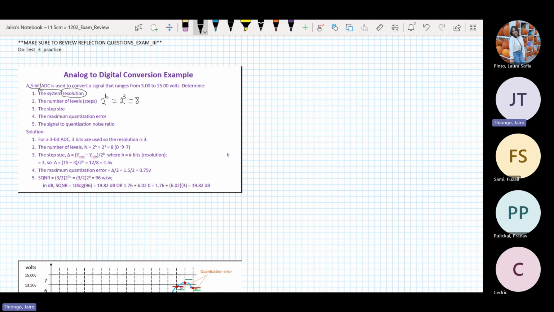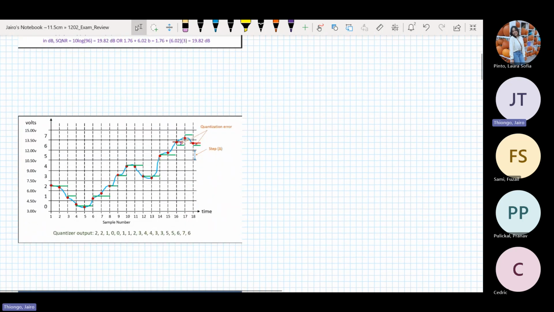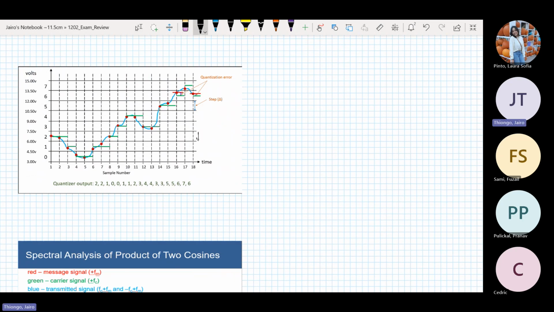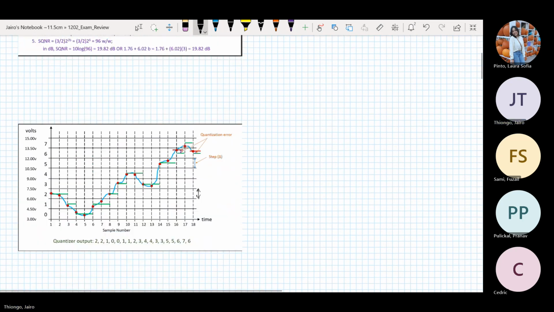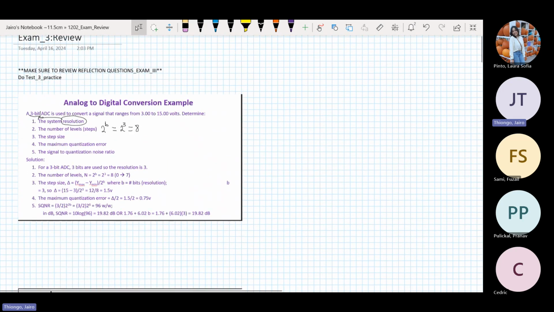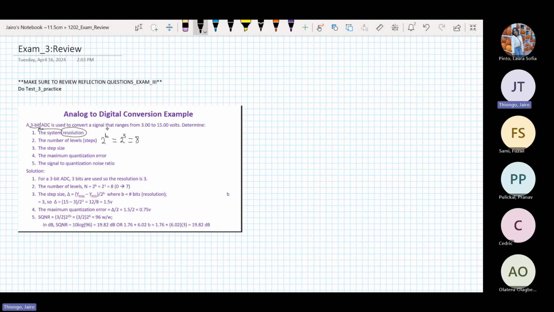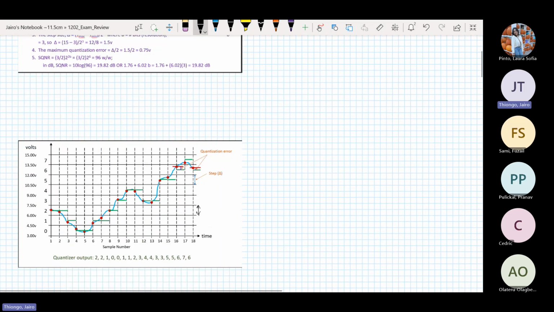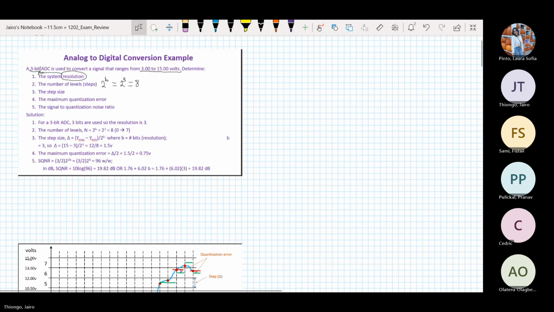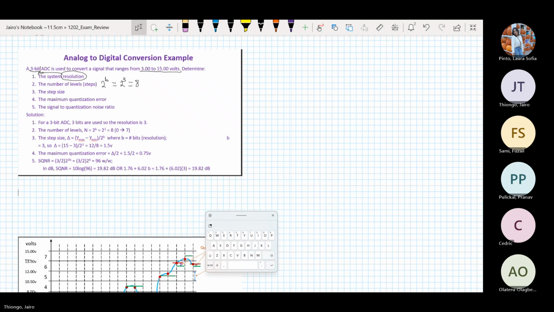The step size, here it's asking for this size right here. If you do not have this graph and you just have the question, you go back to the question and see it's given you the range. The 15 would be here, and this would be the 3 volts.